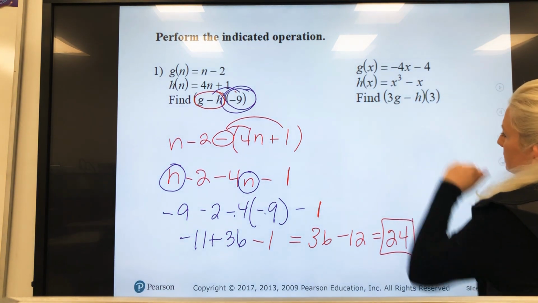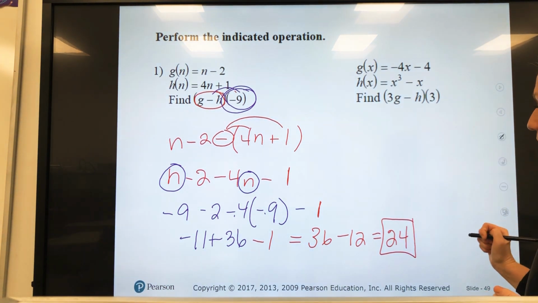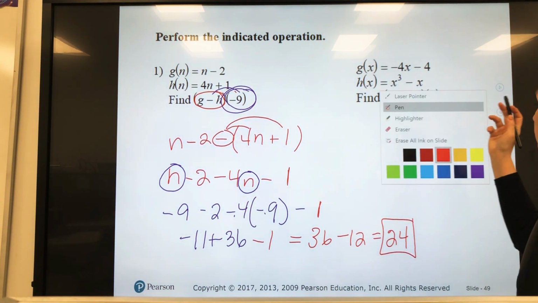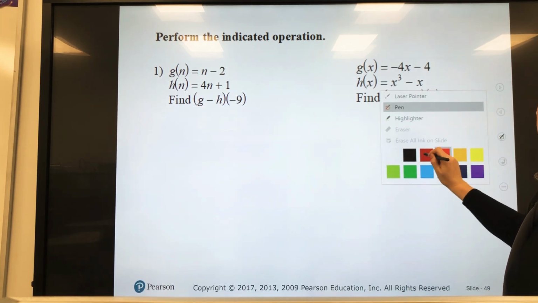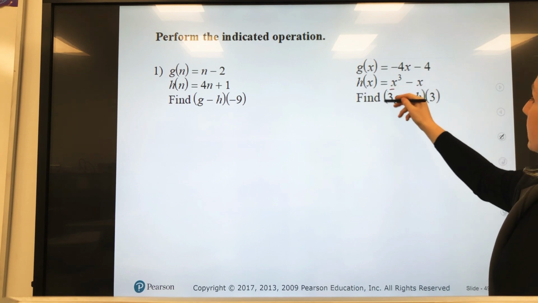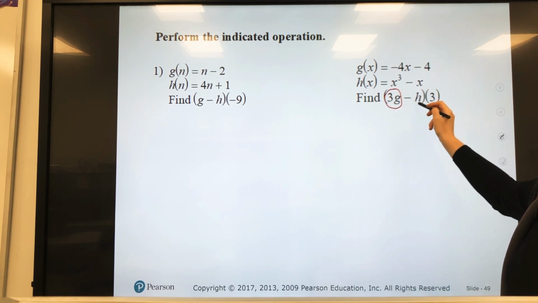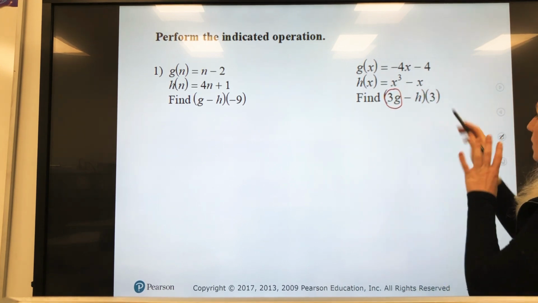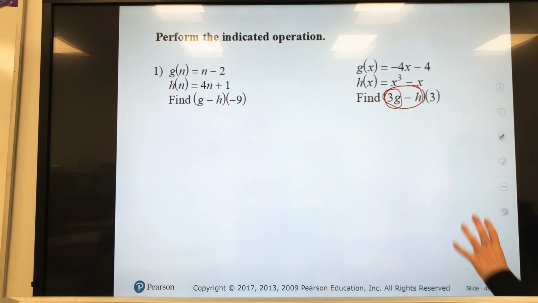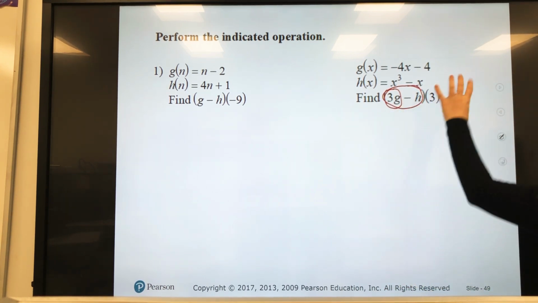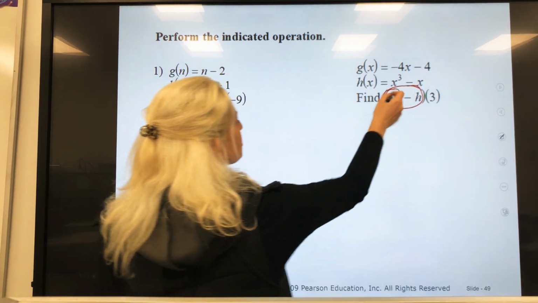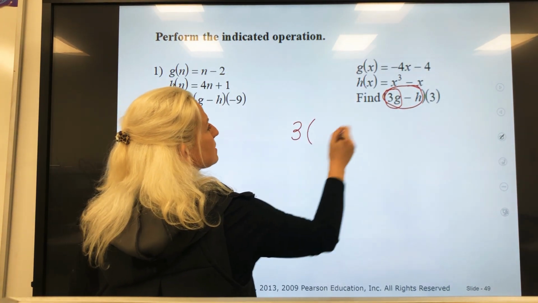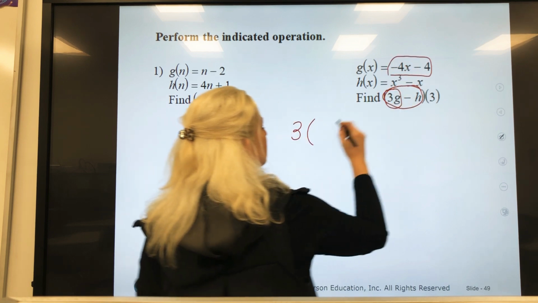All right, now I'm going to go over to this one here. This one has a little bit more work. I'm going to erase this so we can have more room. So here I have (3g minus h) of 3. So first, start on the inside. Let's first figure out what 3g minus h is, and then we'll plug in the 3 at the end. So 3g, so 3 times my g function, right?